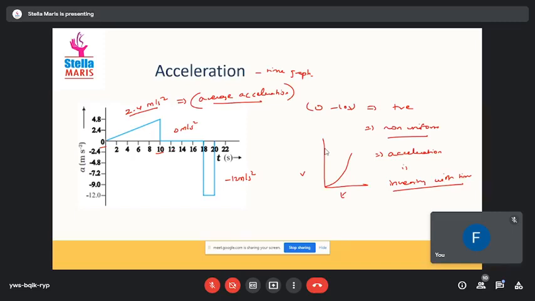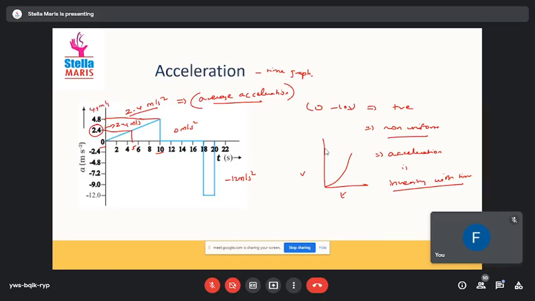So for example, I can say like this. Say this is 5 seconds. So 0 to 5 seconds, this is 2.4 meter per second squared. And another 5 to 10 seconds, what is it? 4.8 meter per second squared.